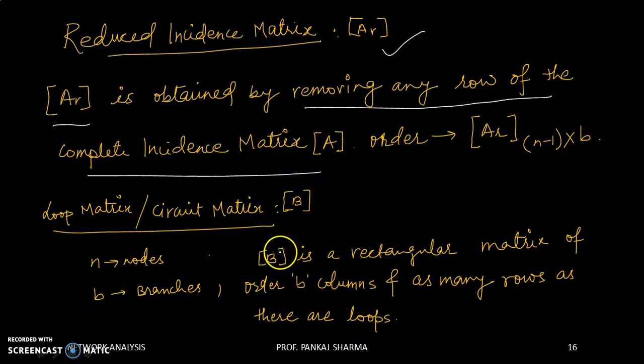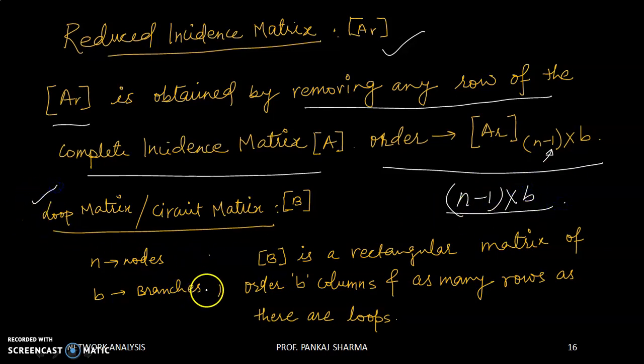You can remove the first row and keep the rest as it is, or the second row, or likewise the nth row. Obviously we are removing one node equation or node row, so the order will be n minus 1 into B.